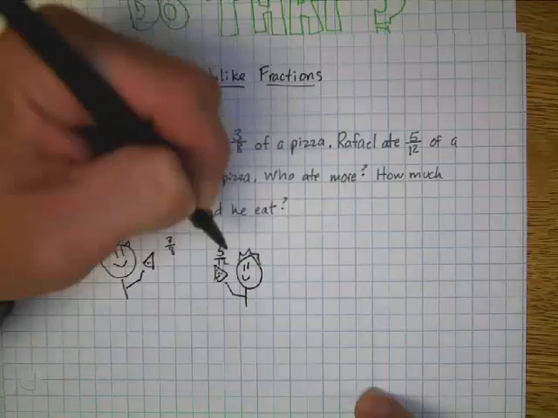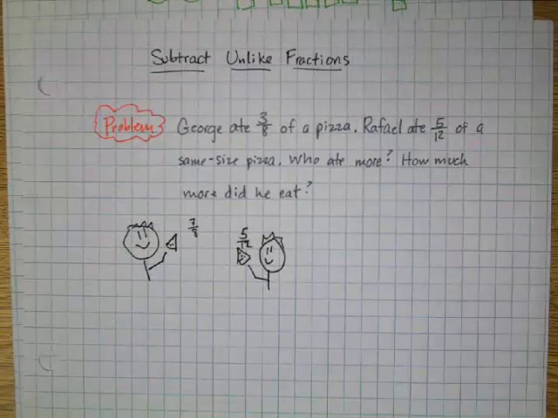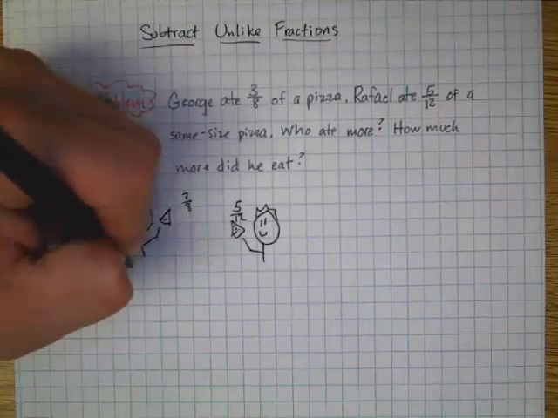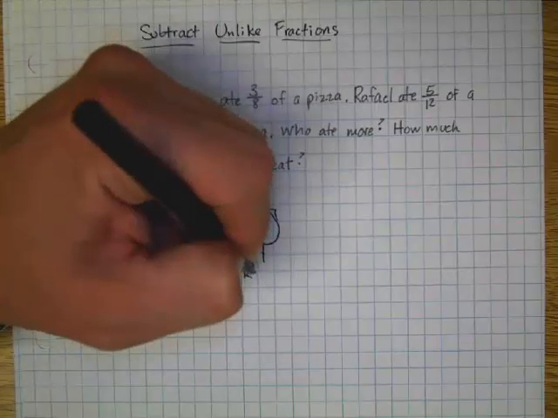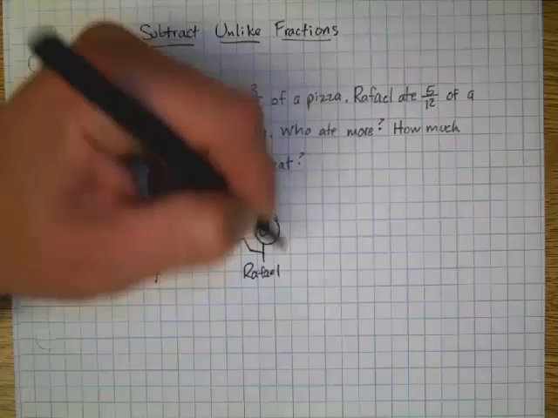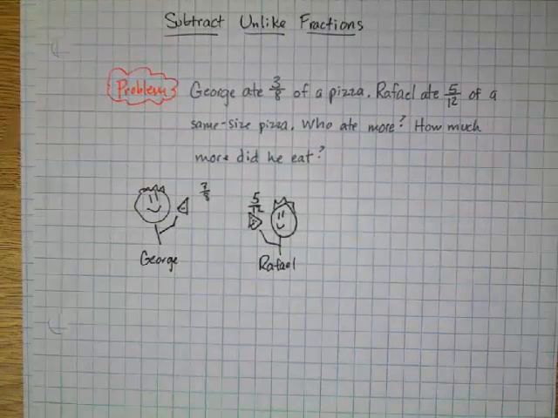And that's the first step of our problem, just to get an idea of what's happening. George is coming over, eating 3/8, and Raphael is eating 5/12. And just like anything, I'm going to make sure I label this so I have a better idea of what I'm actually talking about. So that's the first step, read and visualize.